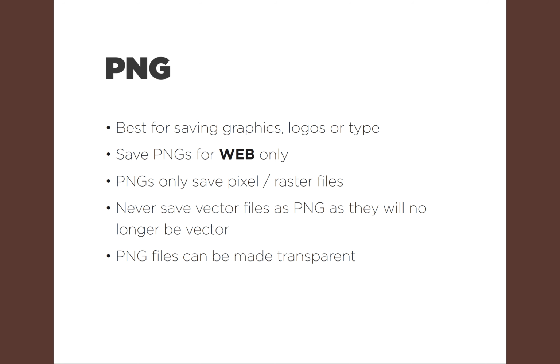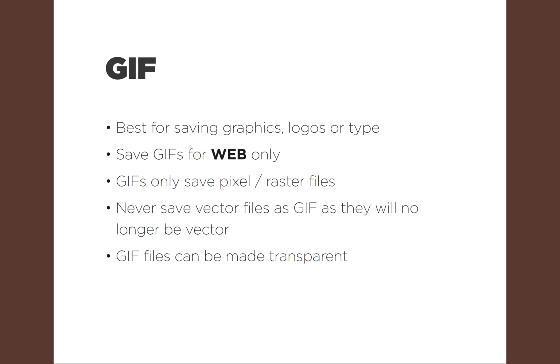JPEGs cannot. GIF file, graphic interchange format, very much like a PNG, older, but works with very much the same capabilities of a PNG. PNGs are considered better simply because when the GIF format came out, CompuServe, which owned this, charged everybody a licensing fee, and PNGs were created in order to get around this little bump.